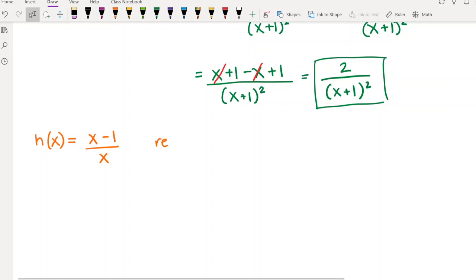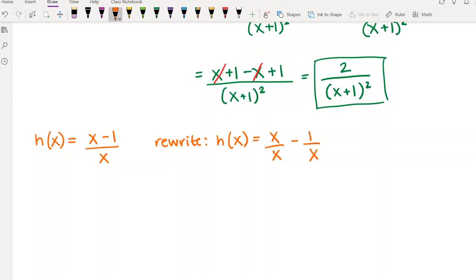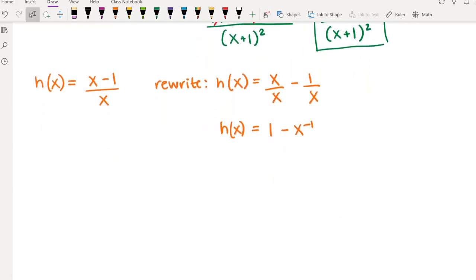So our first step in this case is we're going to rewrite this as x over x minus 1 over x. And this simplifies to 1 minus x to the negative 1. Once we've rewritten it, now we can just use the power rule. We don't need to use any quotient rule.